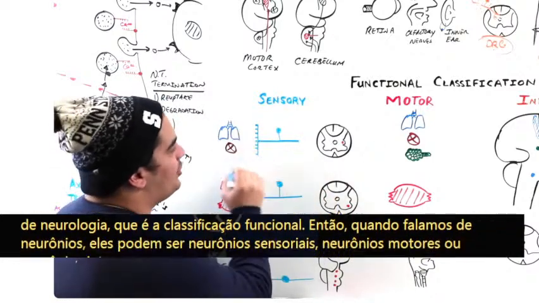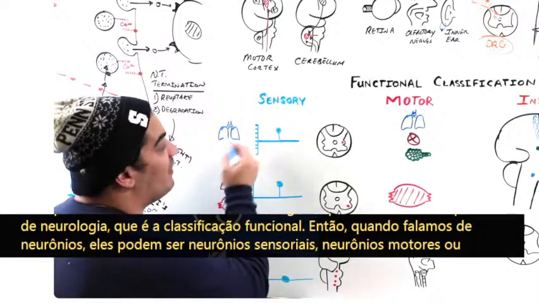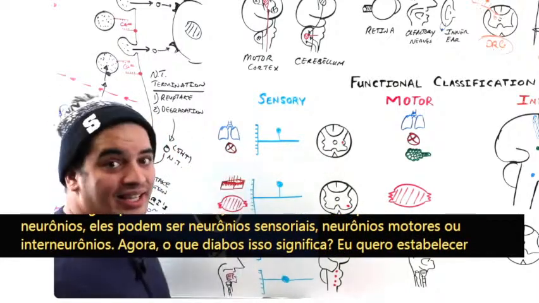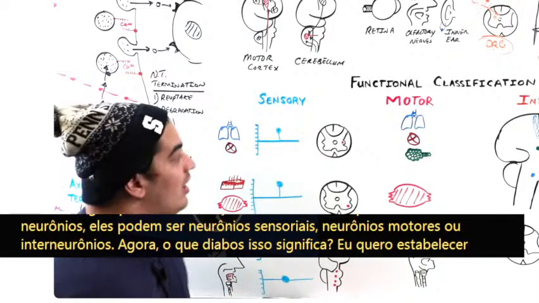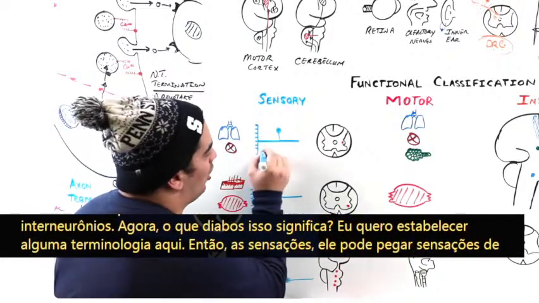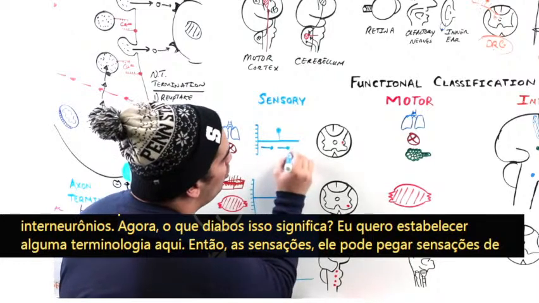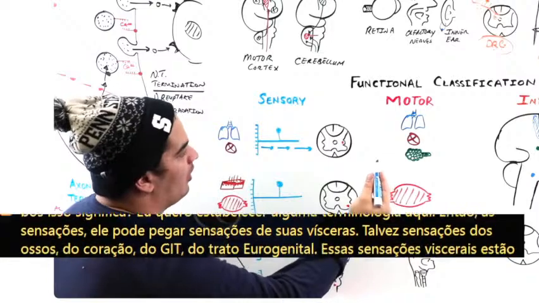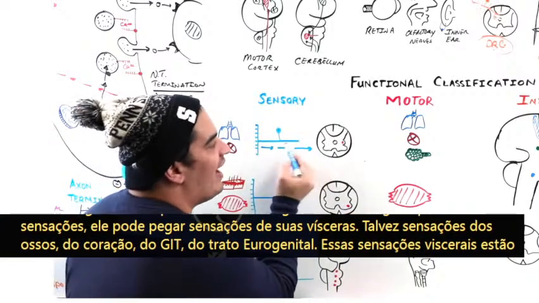So it can pick up sensations from your viscera, maybe sensations from the lungs, from the heart, from the GIT, from the urogenital tract. Those visceral sensations are going from these organs to your actual central nervous system, in this case, the brain or the spinal cord. So that's called afferent information.